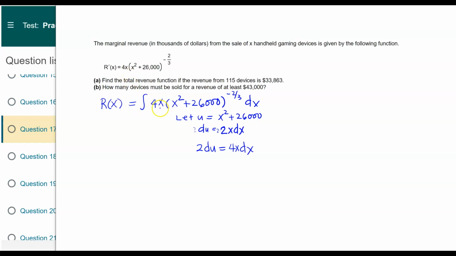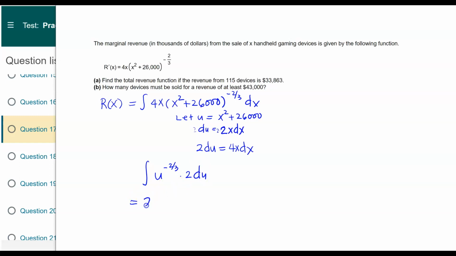So the 4x dx here will be replaced by 2 du, and this will be replaced by u to the negative 2/3. So you will have u to the negative 2/3 times 2 du.